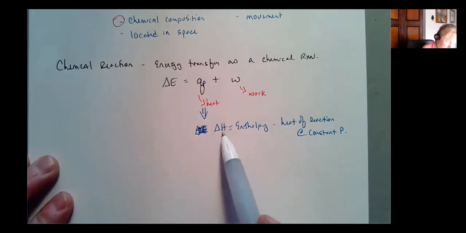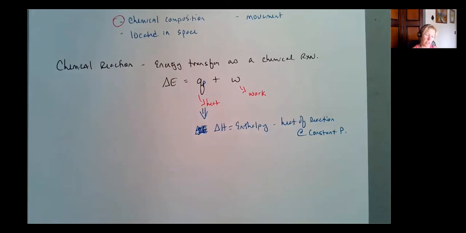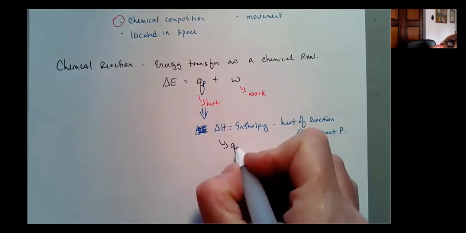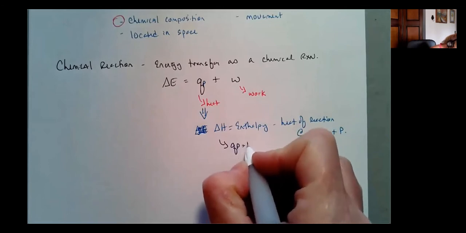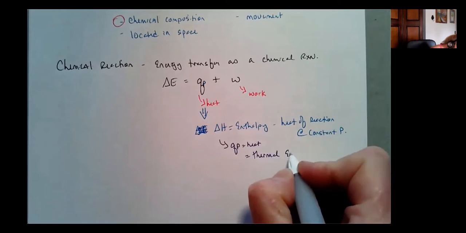And so if I look at delta H of the reaction, we said that the sign of delta H can tell you which direction that energy is going. Is the energy being absorbed into the chemical reaction, or is that chemical reaction releasing energy? And here we're thinking about heat, right? Q_P, heat, so we're looking at really thermal energy.